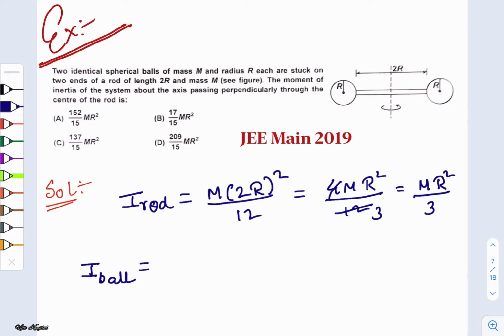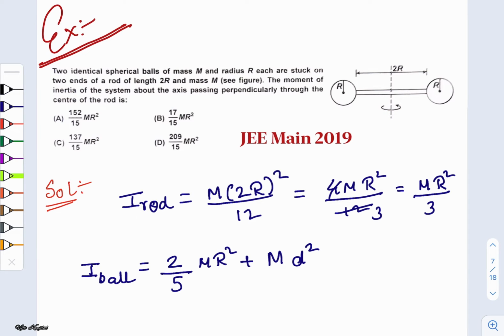So I ball is simply given as 2 by 5 mr square, that is the moment of inertia of this ball with respect to its own axis, plus m times d square, where d is the distance between the center of the ball and this particular axis.